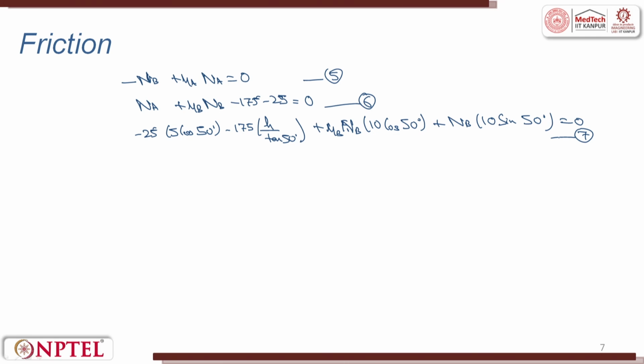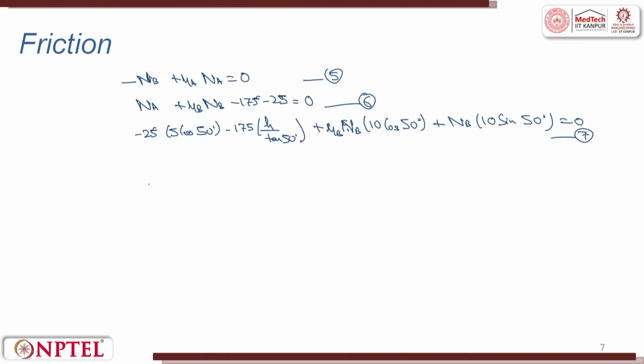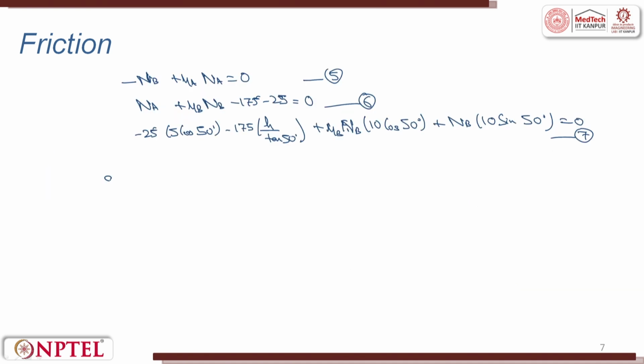Now, consider three cases: nu A equal to nu B equal to 0.3, then nu A is 0.3 and nu B is 0.15, and nu A is 0.15 and nu B is 0.3. I leave it to you to solve these problems A, B and C with these values. I am just giving you the solutions.